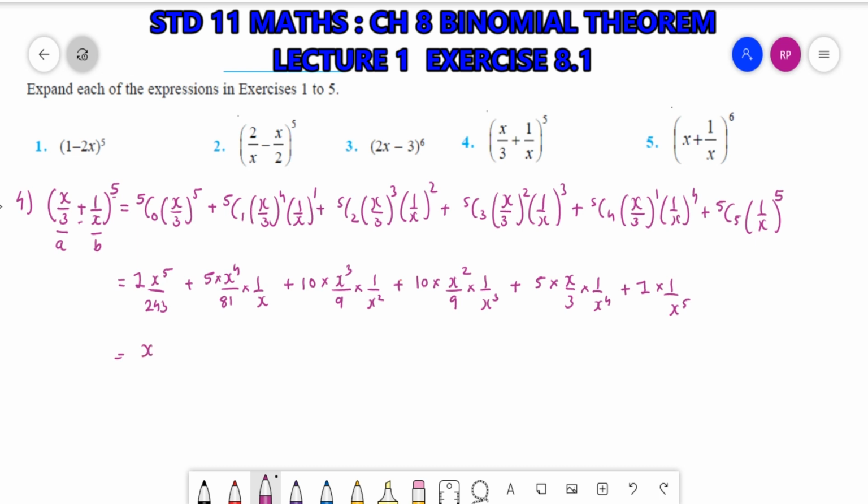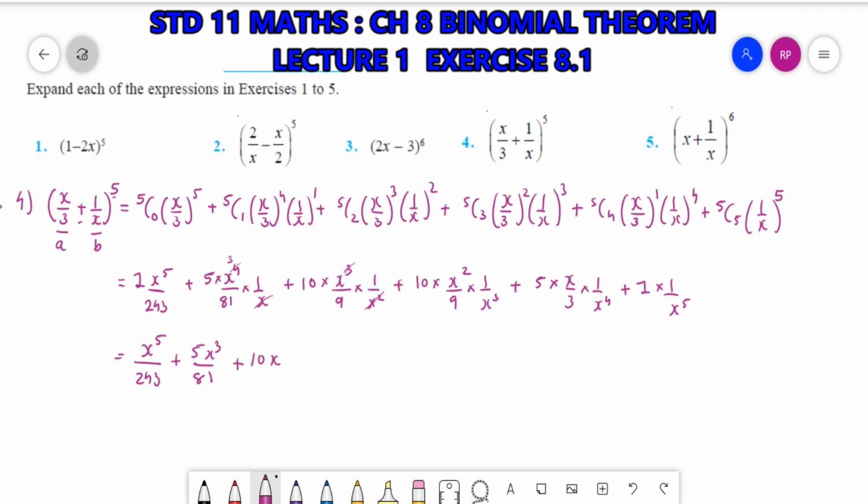This will be equal to x raised to 5 upon 243 plus, here x will get cancelled, so 5x cube upon 81. Here x square will get cancelled, so only x will be remaining.